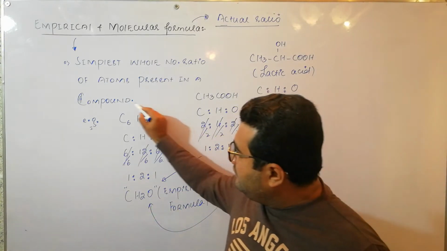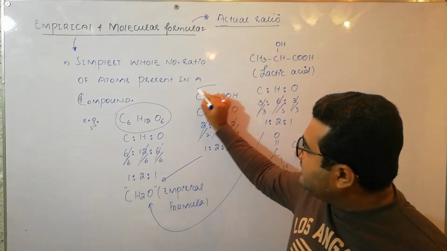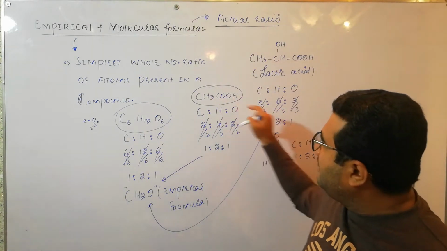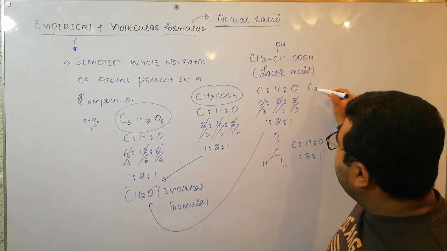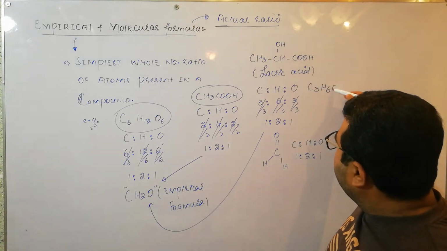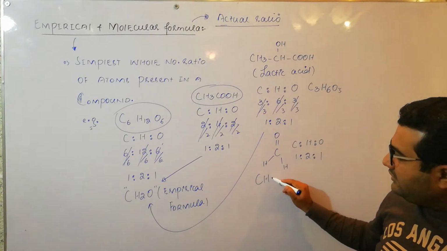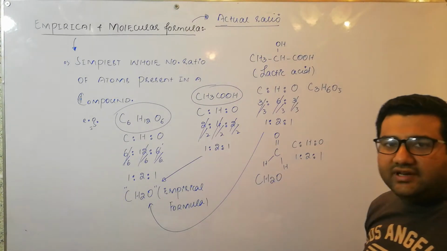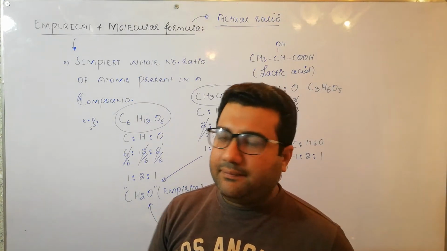Like in case of glucose, this one is its molecular formula. In case of acetic acid, its molecular formula. In case of lactic acid, its molecular formula will be C3H6O3. In case of formaldehyde, its molecular formula will be CH2O. In case of formaldehyde, the empirical and molecular formula are same.